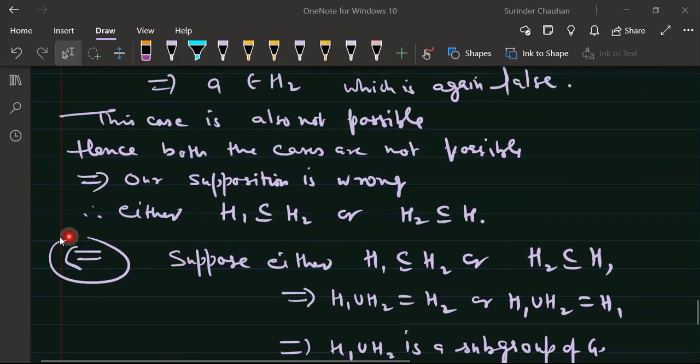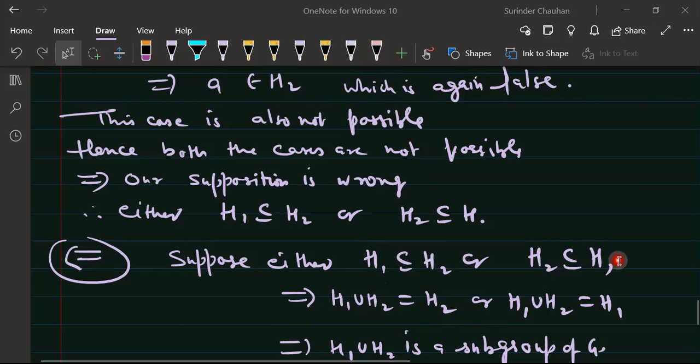Now, the converse part. Suppose either H1 is a subset of H2 or H2 is a subset of H1. If H1 is a subset of H2, then H1 union H2 is equal to H2, because H1 is contained in H2.